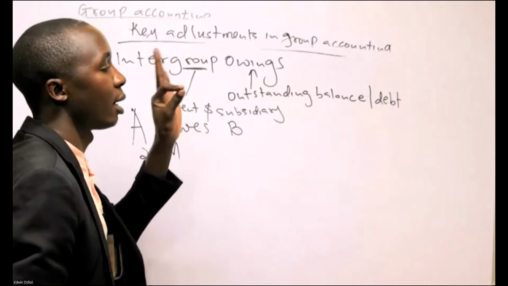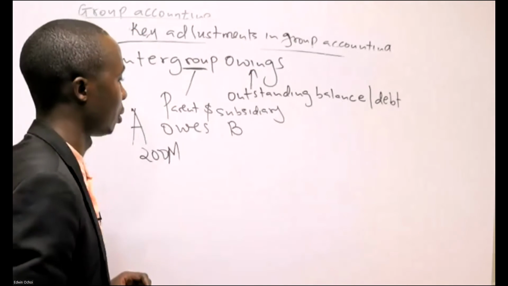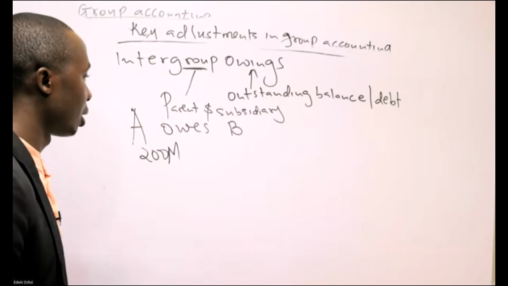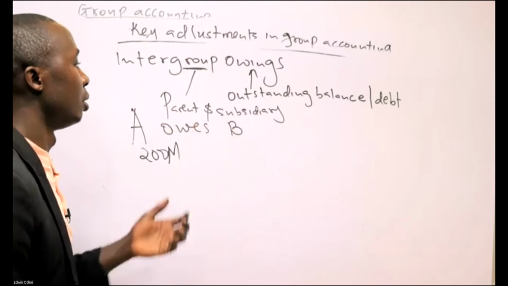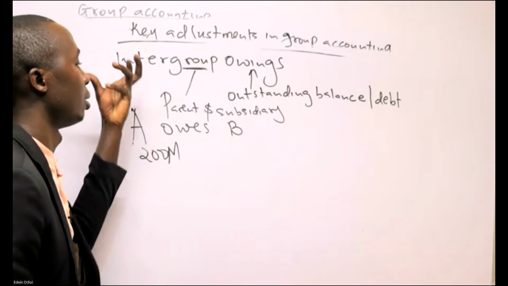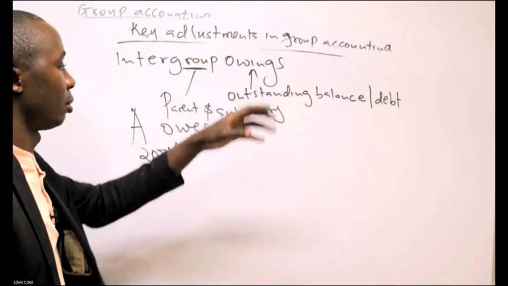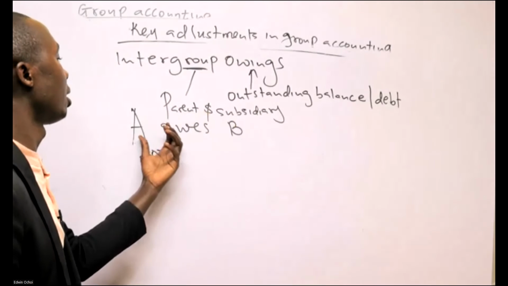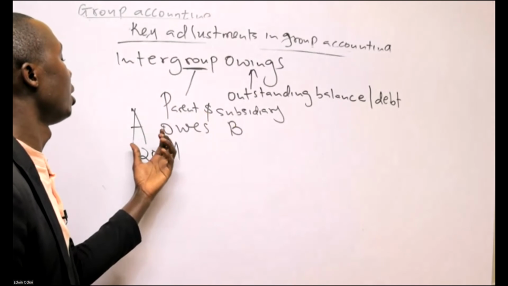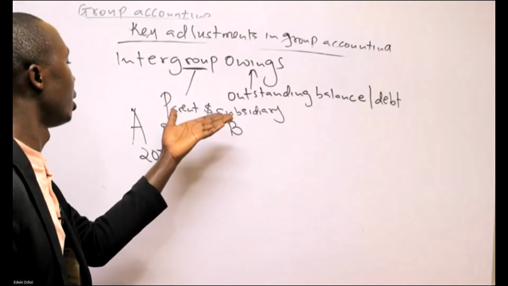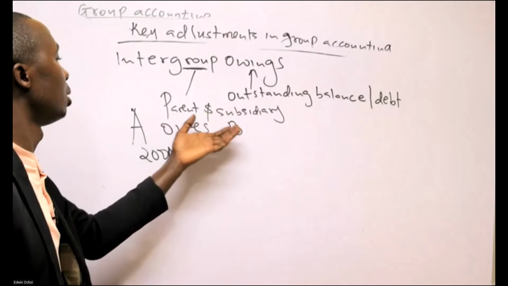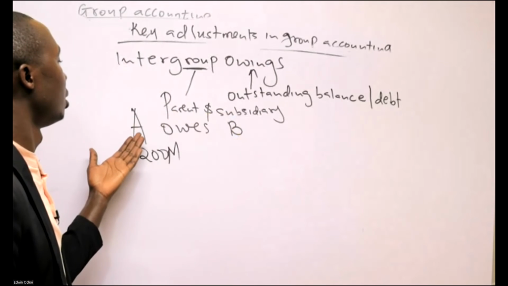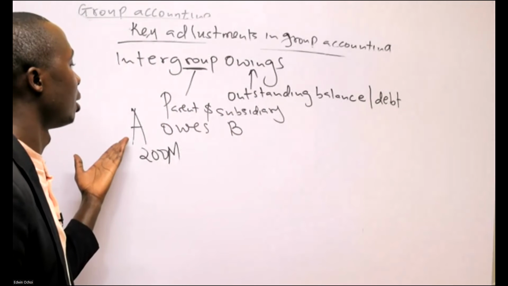Hawawezi endelea kudaiana mwaka ujao. Why? Because by the end of the year, A will consolidate B. He will take everything from B and share some small percentage to the minority shareholders. So meaning that even if there was anything owed by B to A or A to B, everything in B is owned by A.